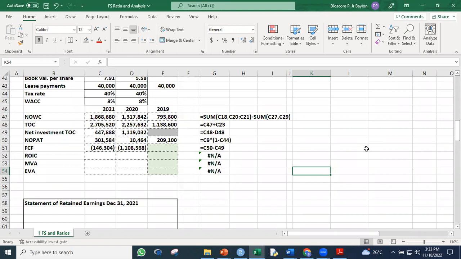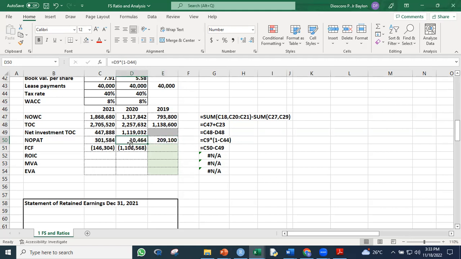The answer is no. Okay, we already discussed this, but let me just remind you of the answer. You have to look at the two items that result to free cash flow, and that's the NOPAT less the net investment in TOC. Okay, if the NOPAT is very small to begin with, so 10,000 lang. Let's assume that based on the performance of the company, kasi nung 2019, 209 siya, no?